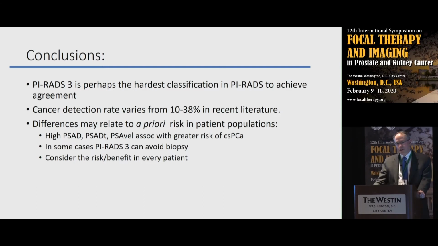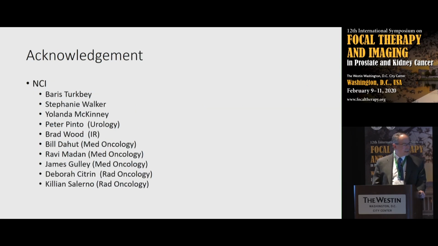And the differences that we're seeing may, aside from differences in where people perform on the ROC curve, which is a problem, relate to the a priori risk in given populations, including higher risk clinical scenarios. And I think at the end of the day, it's a clinical decision in terms of whether to biopsy or not. So with that, I acknowledge my team and thank you.